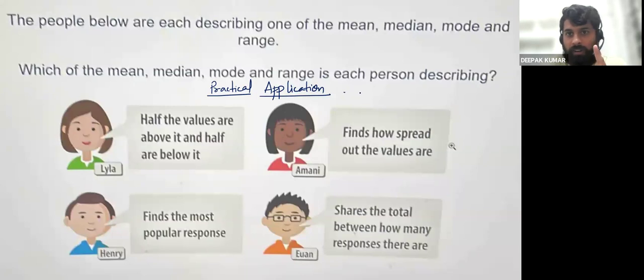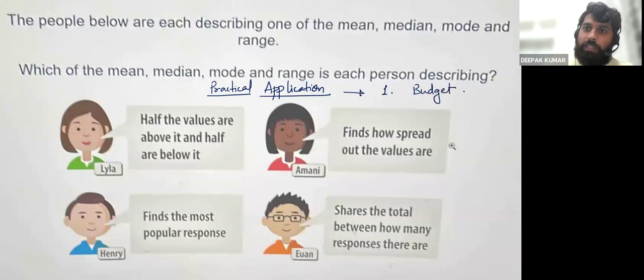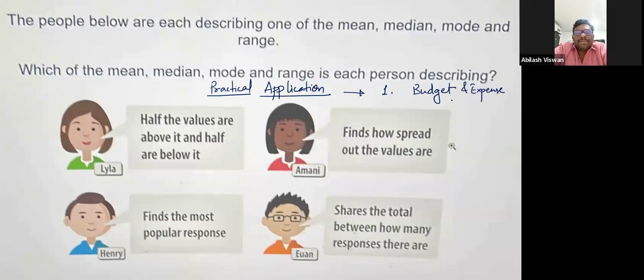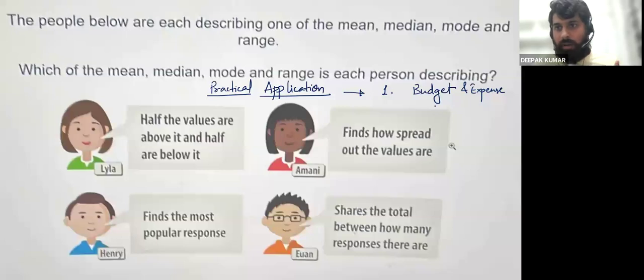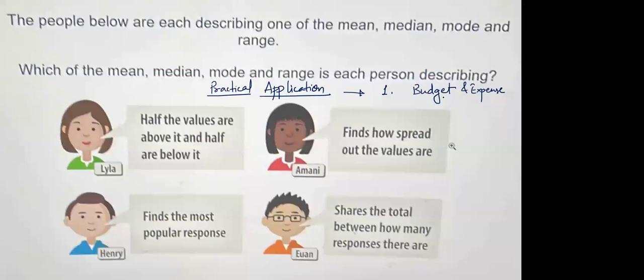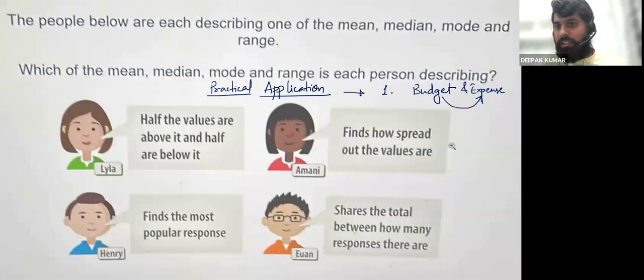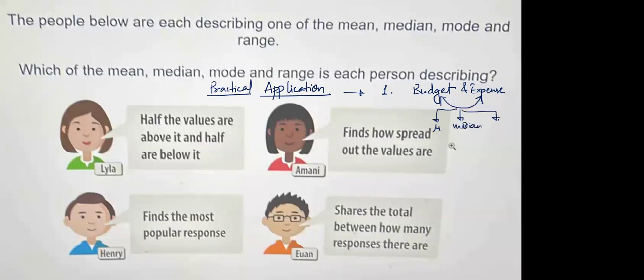One of the practical applications is budgeting, or budget and expense calculation. Suppose you are going to install a project and you have a budget of, say, $1,000 and expenses of a few hundred dollars. How will you manage your budget and expenses in terms of mean, median, and mode? Do you understand my question?